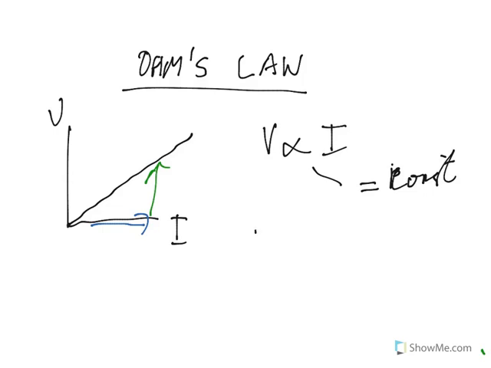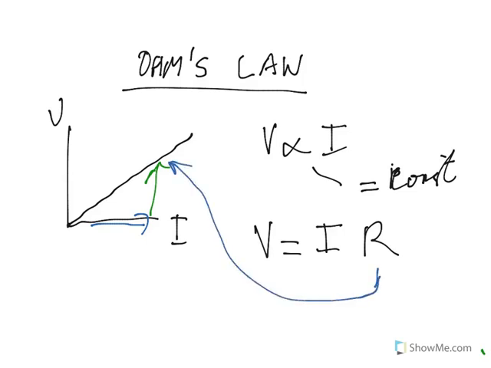So in this particular case, for Ohm's law, or things that are ohmic, i.e. a graph of volts versus current is a straight line, you can say V equals IR. And this R here is the gradient of that line.